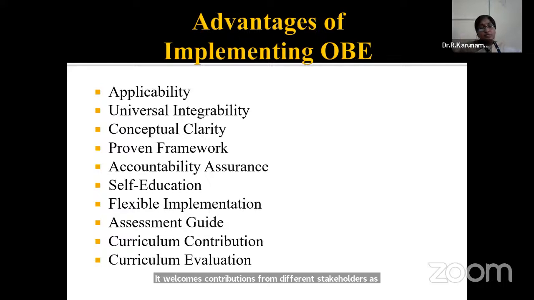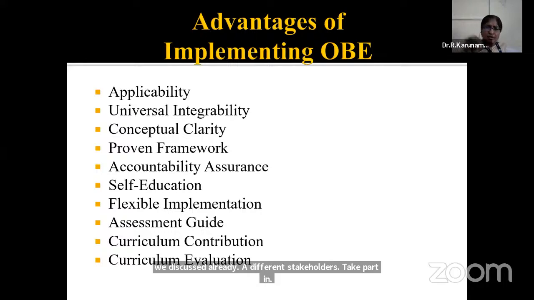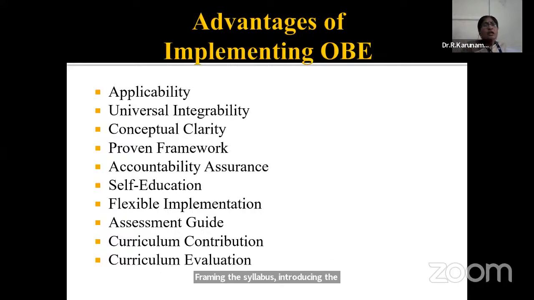Different stakeholders take part in framing the syllabus, introducing the assessment, providing training to the students. And by this way, when different stakeholders are introduced, yes, the educational process undergoes a lot of modifications, and the modifications determine the most effective outcomes.